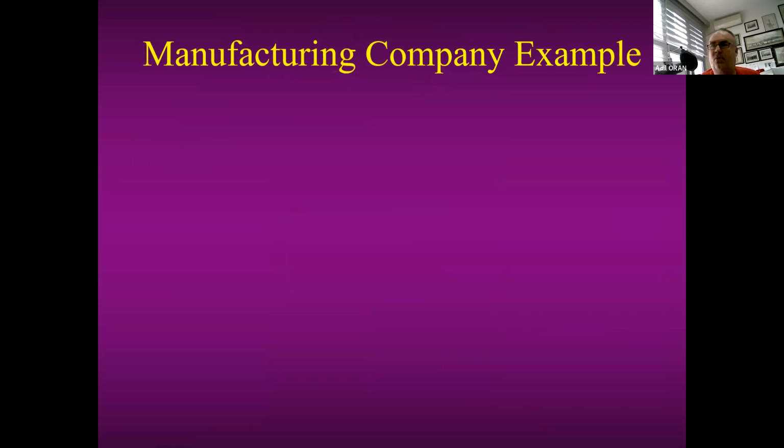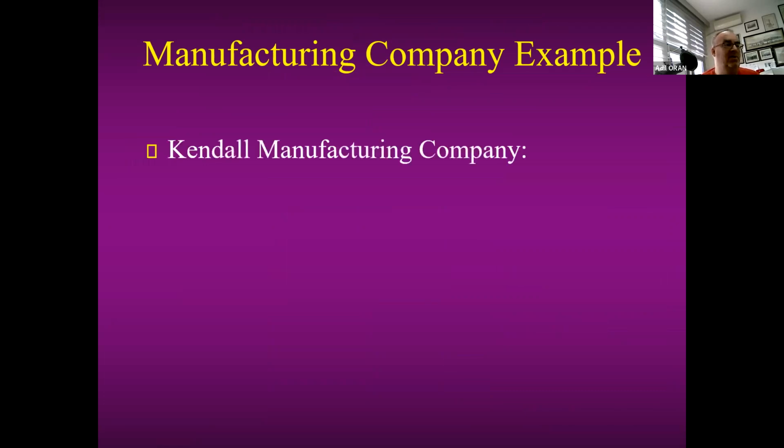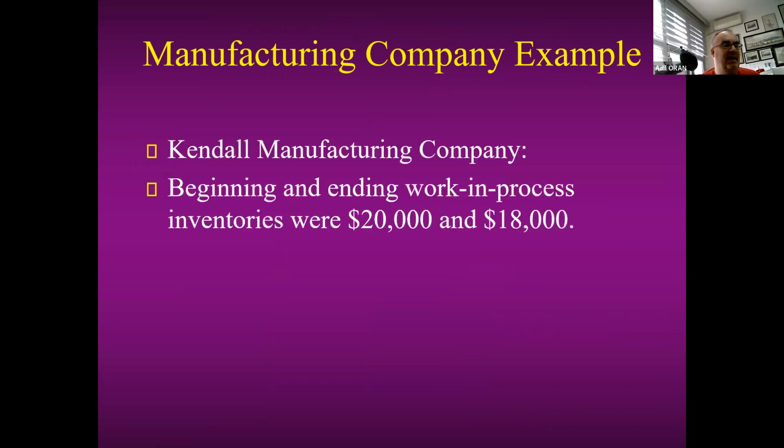Maybe to make things a little more concrete, let's try to give some numbers so that we are able to understand what's going on. So this company basically has work in process. They may have other numbers in raw materials and stuff, but we're simplifying it initially. So work in process, that middle step of inventory, began the year with $20,000 in work in process and ended the year at $18,000.